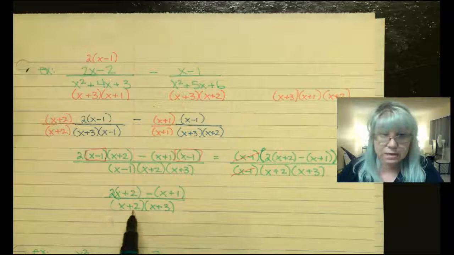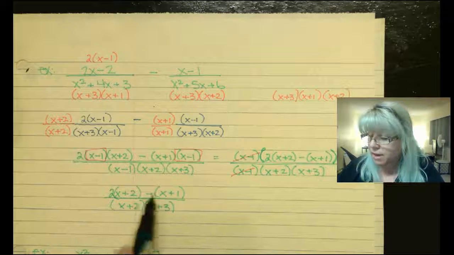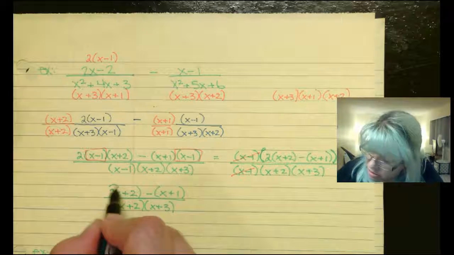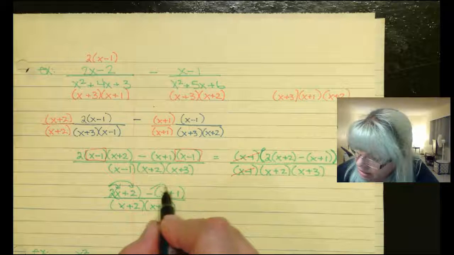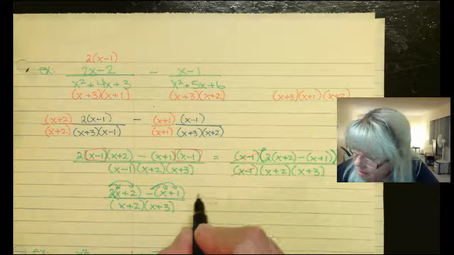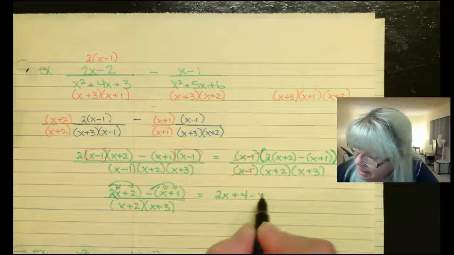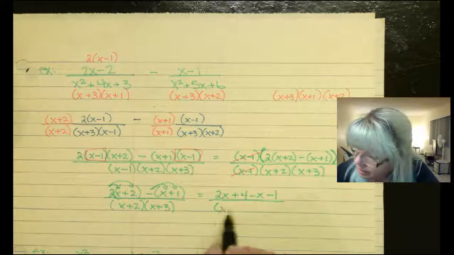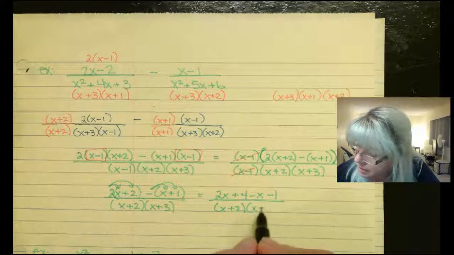You cannot eliminate the x plus 2 yet because you have this subtraction in the numerator. So I do need to distribute the 2 and then add like terms. Distribute the negative as well. This gives me 2x plus 4 minus x minus 1 all over x plus 2, x plus 3.